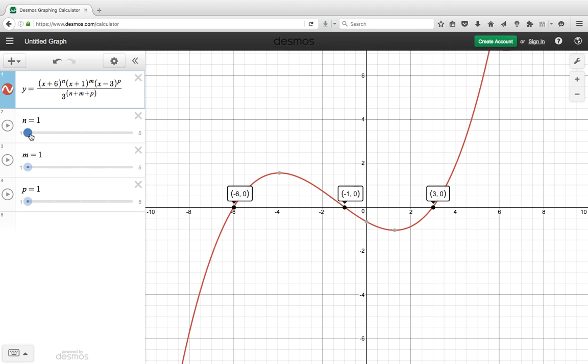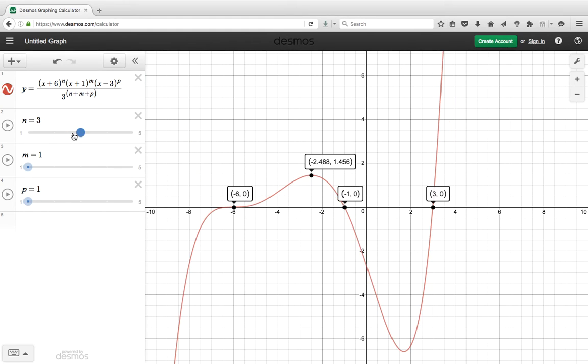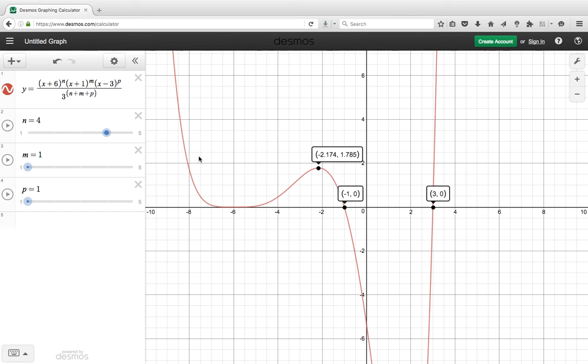So if I change the multiplicity of the first zero to be 2, now it's bouncing off here, but it's still crossing at the other two. Once I switch it back up to an odd number, 3, then it's flattening out, but still going across before crossing and crossing again. Now we've made it even again, so it's bouncing and then crossing and then crossing.